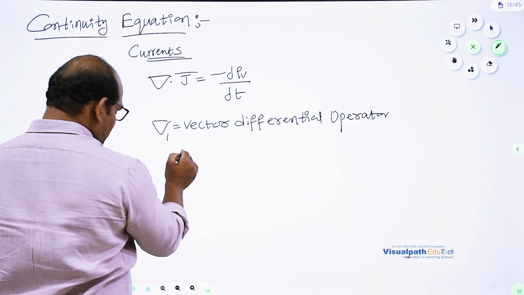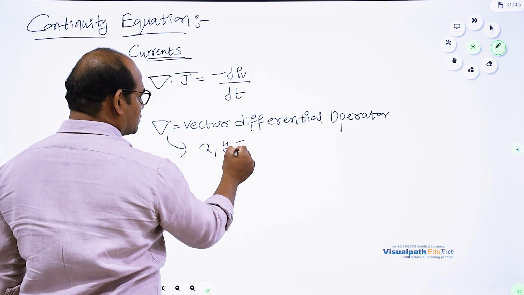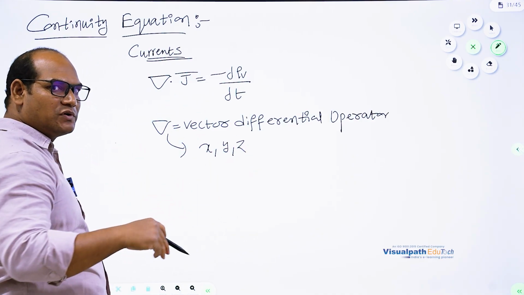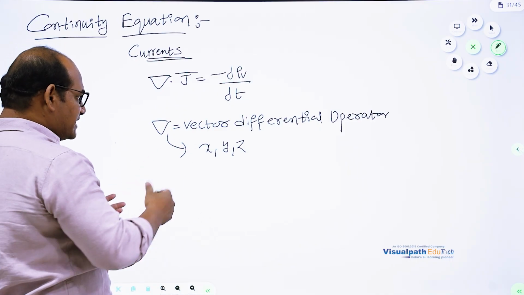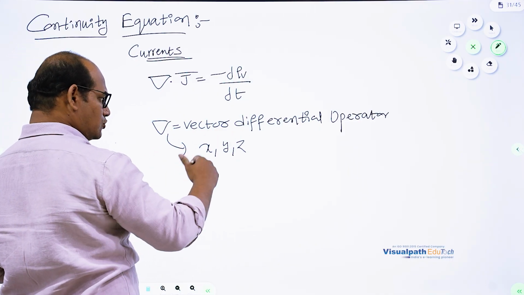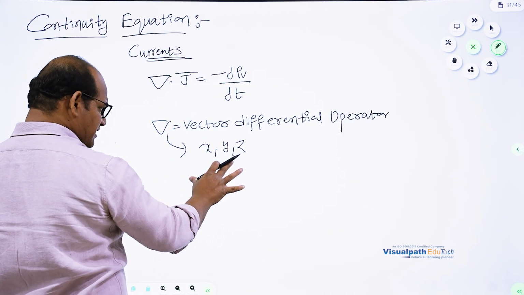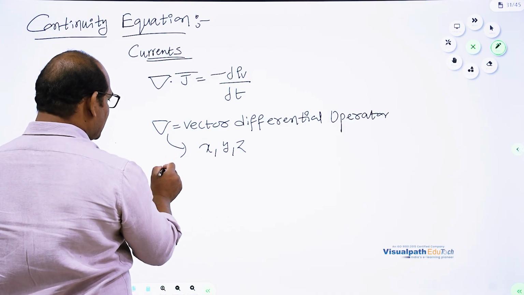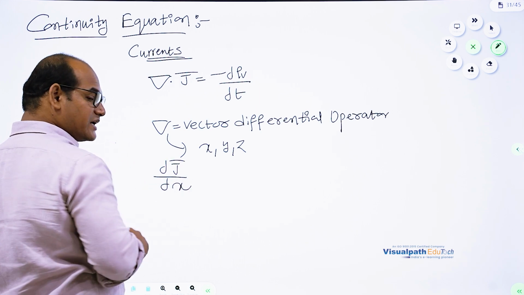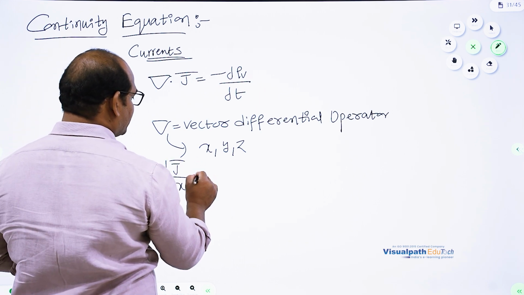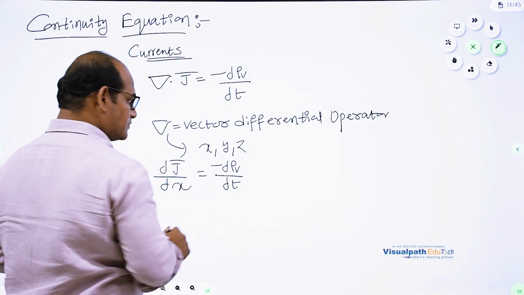It is giving all the 3 directions x, y, z. You can simplify this by taking only one direction, or 2 directions, or completely 3 directions. It is a differential operator, like dou by dou x, dou by dou y, dou by dou z. If you are restricted to only one direction like x, then dou J bar by dou x, like this you can do. So it is equal to minus dou rho v by dou t.